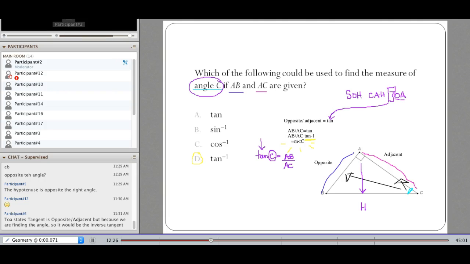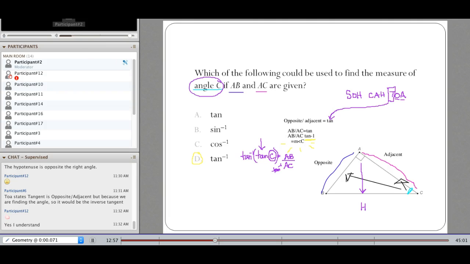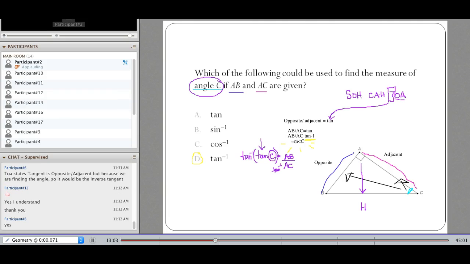You have to get rid of the tangent, because the question is wanting just the measure of angle C. And so that's why you have to do the tan inverse of both sides, to actually get to the angle itself. Yes, exactly, Devin. That's worded very well. Do you guys understand that now, why it would be D? Give Amelia a round of applause. Very nice explanation.